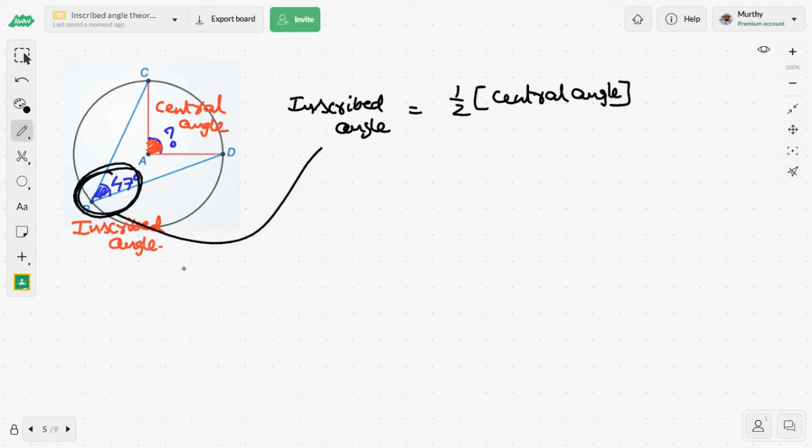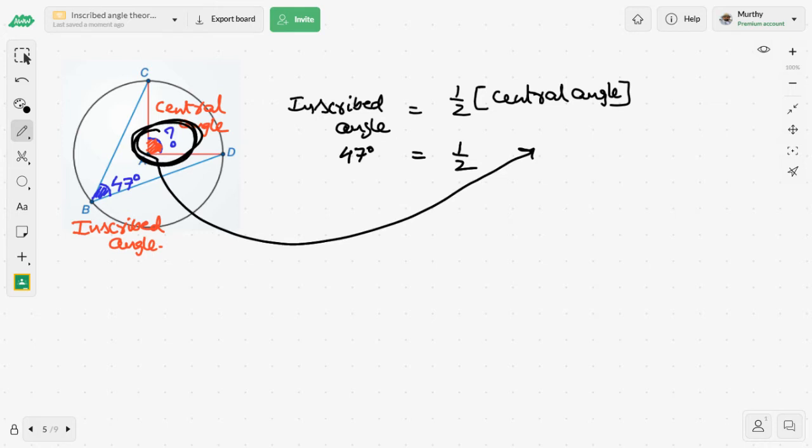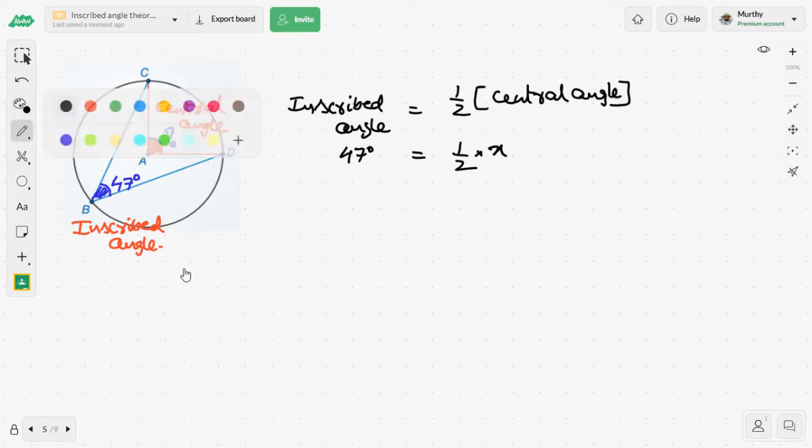Now we have to plug in these values. The inscribed angle is 47, so it goes here. So 47 degrees equals half of the central angle. I don't know what it is, so let me take x. Half of x. You know how to isolate the variable. If I multiply by 2 on both sides, 2 times half gives me 1, and 1 times any value gives back the same.